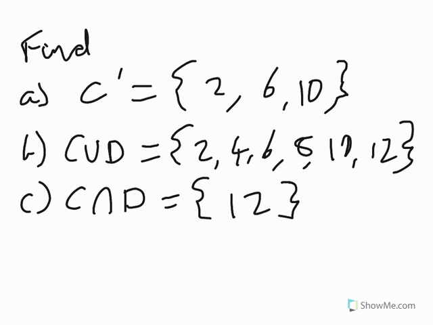Let's look at another one. Let's look at something like this, C union D, complement. C union D was up in the previous example. So it's everything that's not in that. And in this particular case, there is nothing.